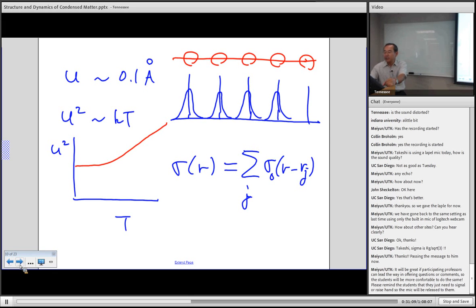Around each point, rj, r1, r2, r3, etc. Around each position, which is an equilibrium or average position of the atom, you have some distribution.